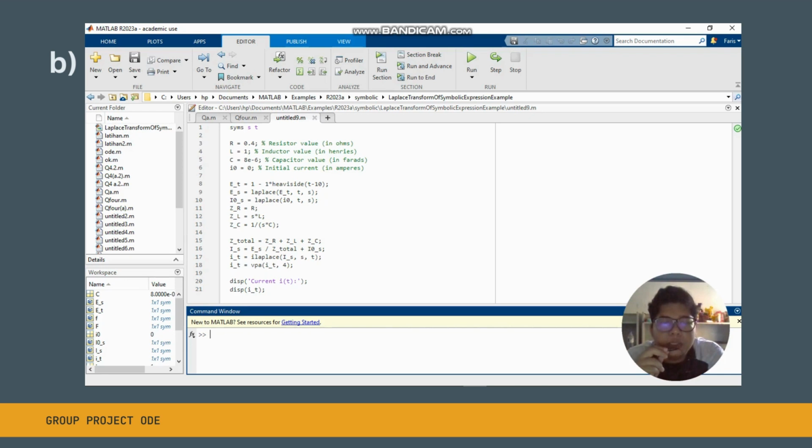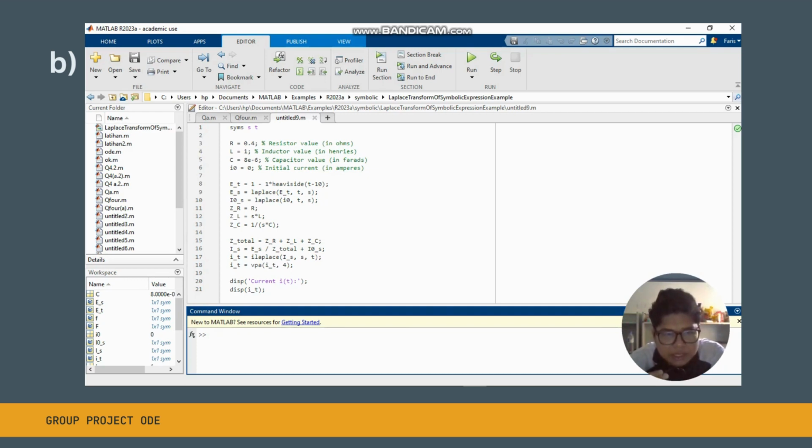For the initial current, in the formula we take the Laplace of the initial current, t and s. ZR equals R, ZL equals s multiplied by L, and ZC equals 1 over s multiplied by C. And Z total is ZR plus ZL plus ZC.